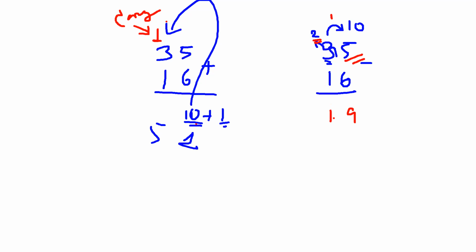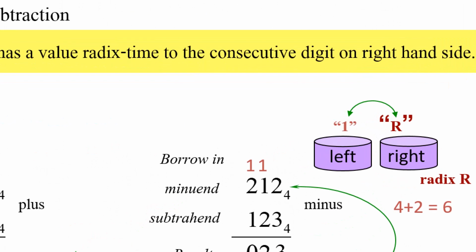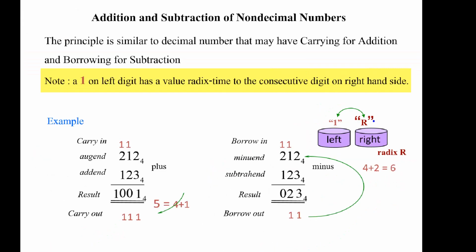Okay. For another radix number, you can also do something like this, by considering the left digit and the right digit at the next position.